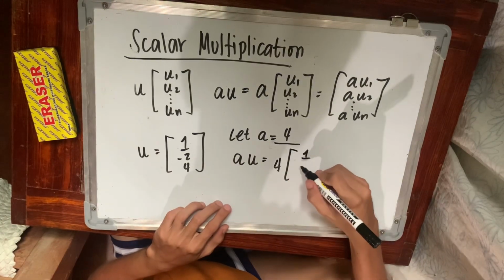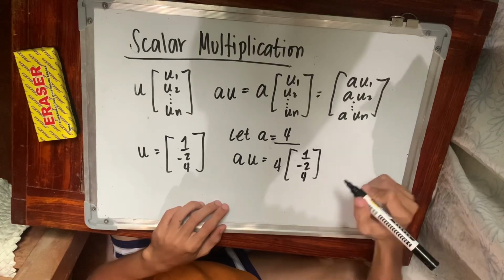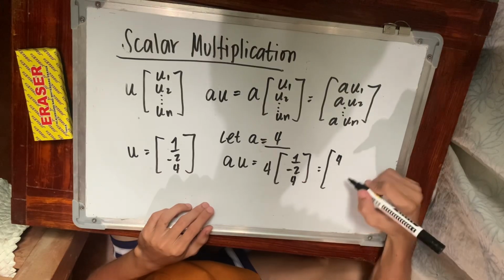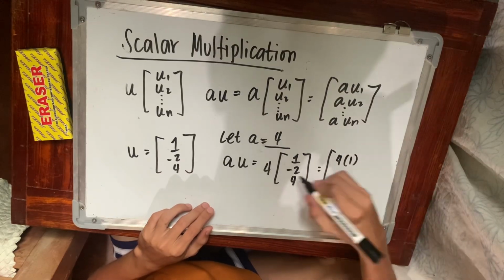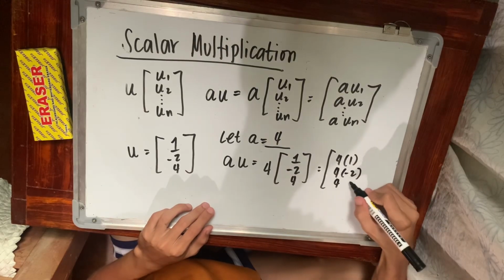So 4 times 1, -2, and 4. So 4 times 1, then 4 times -2, and 4 times 4.